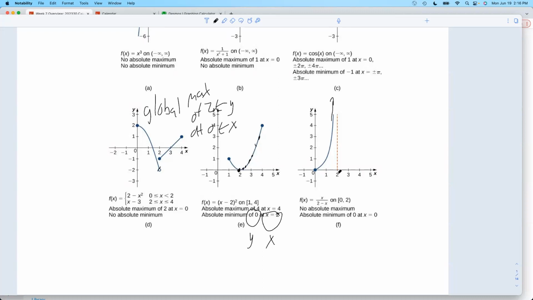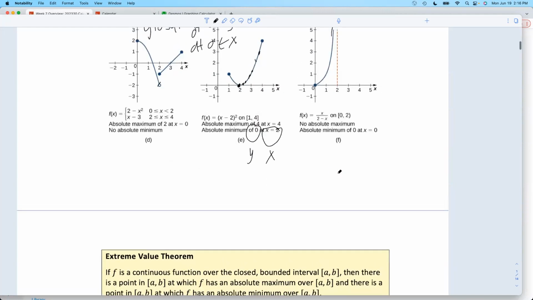So there's no guarantee that you're going to have global maxes and mins, and there's no guarantee they could be unique. We could have a constant function. Let's say y equals 3.